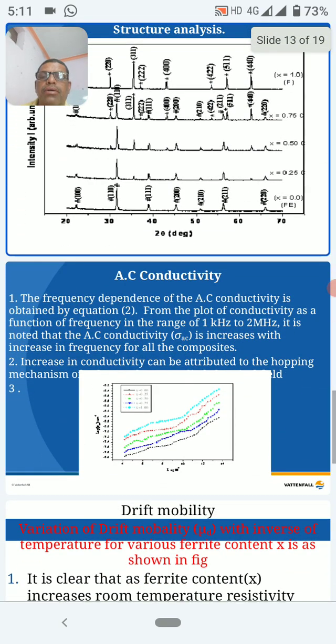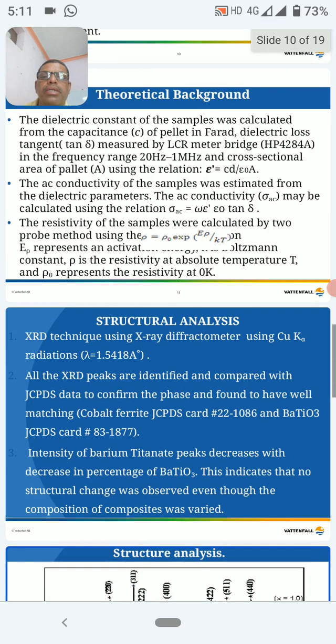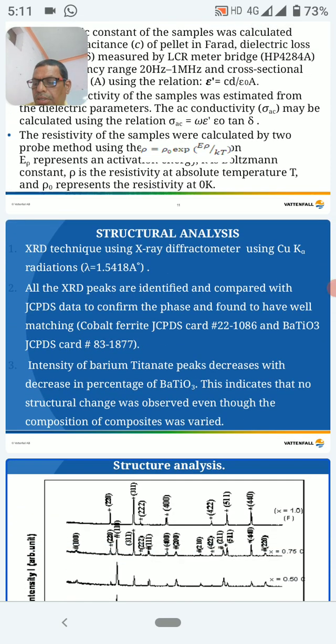From this the dielectric constant is measured, and then the AC conductivity is calculated by omega epsilon dash epsilon 0 tan delta, where tan delta is the dielectric loss tangent.